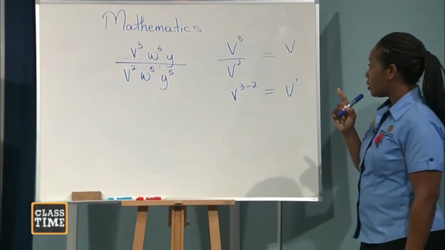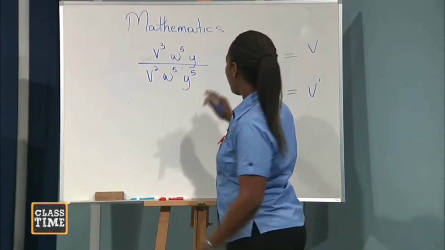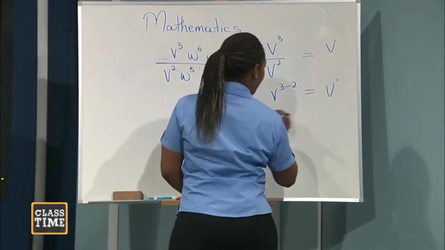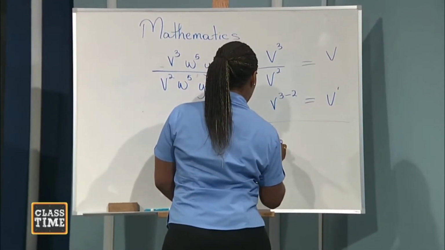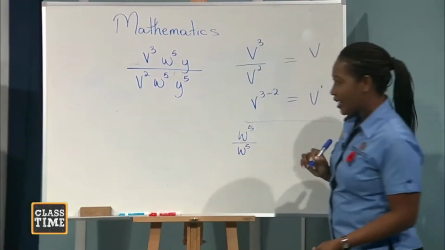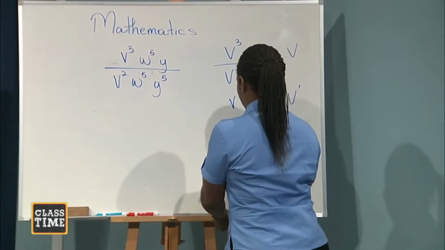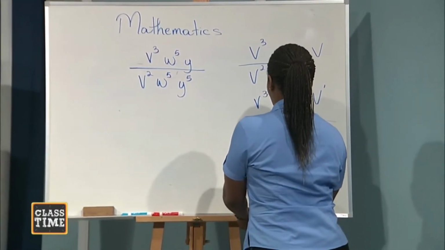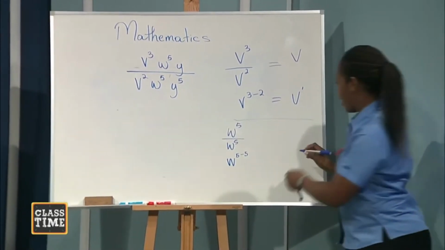What about the w? We don't have any w in our answer. So I'm separating it again. I have w to the 5th power divided by w to the 5th power. So if I did that, it means w, 5 subtract 5, subtracting the powers.